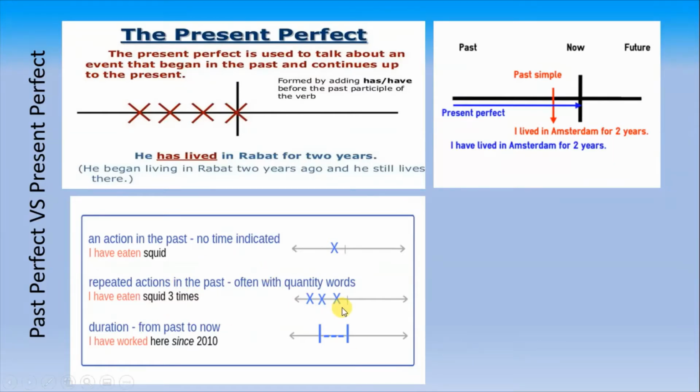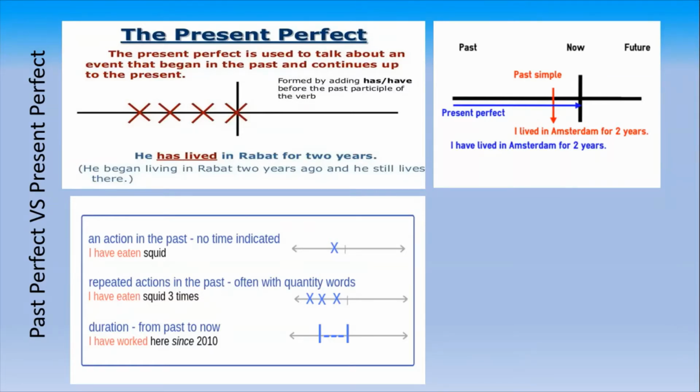As you see here in the figure, it's formed by adding has or have before the past participle of the verb. For example, he has lived in Rabat for 2 years. This tense consists of has plus past participle.